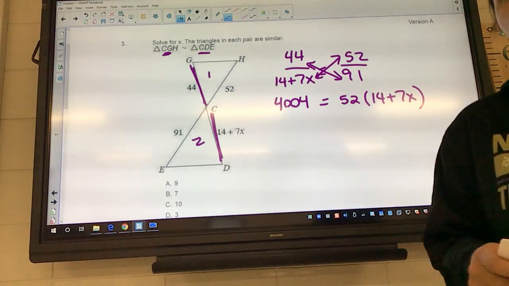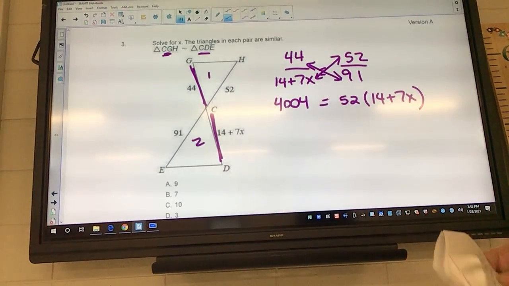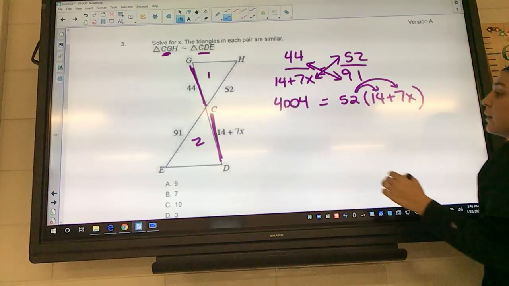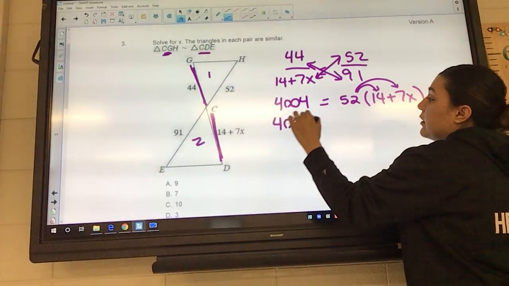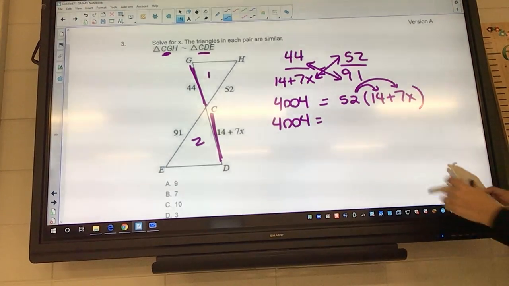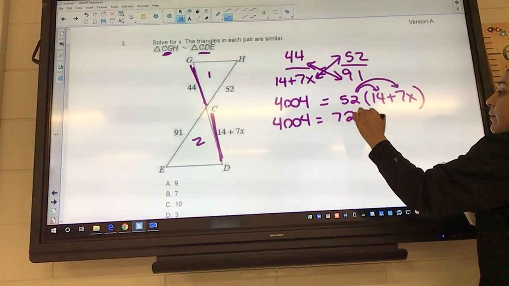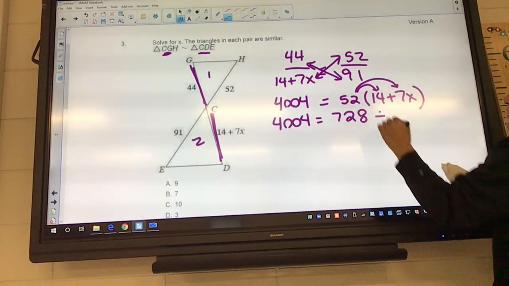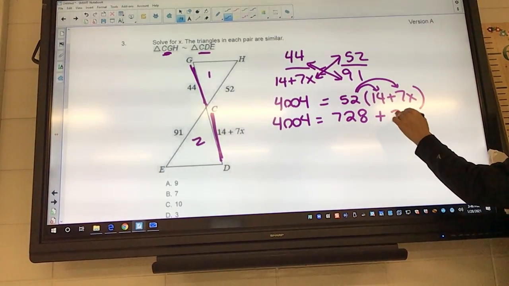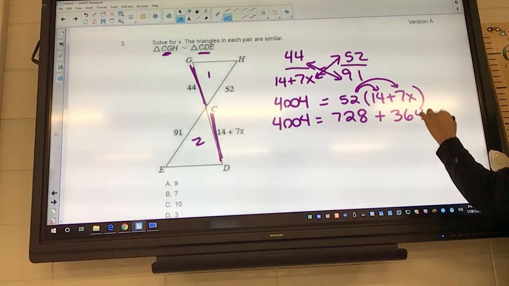How do I get rid of parentheses? I need to distribute. So I have 4,004, and 52 times 14 is going to give you 728, plus 52 times 7x is going to be 364x.